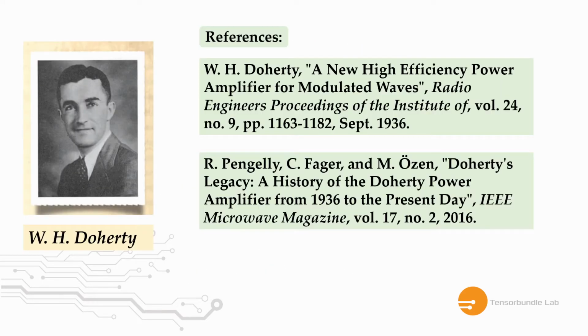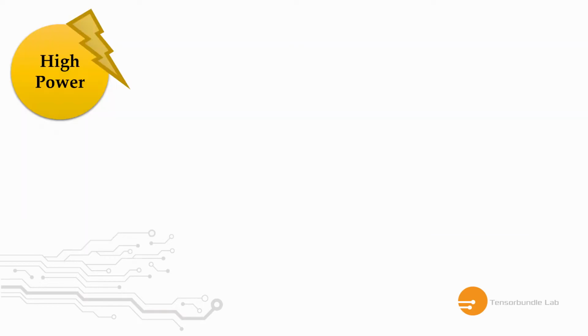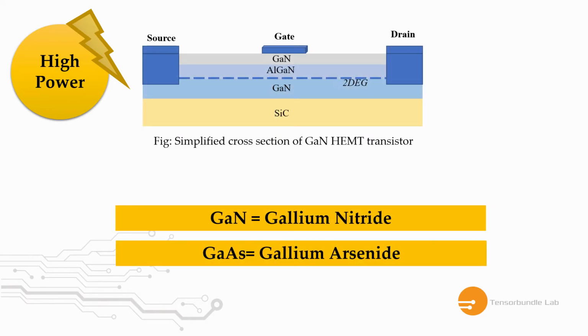Actually, the Doherty amplifier was invented back in the 1940s, and it didn't get that much attention because we didn't have the application. But with the advent of high-power devices like gallium arsenide and gallium nitride, the interest in the Doherty amplifier grew again. And another reason is modern communication standards.